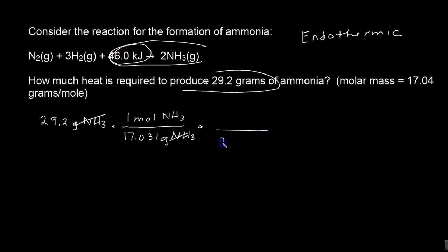So 2 moles of ammonia for every 46.0 kilojoules. And now I have how much heat is required. Here's my answer in kilojoules. So we just need to do some calculations there.